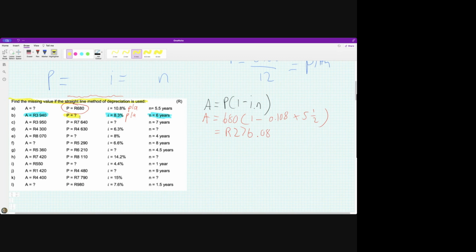What are we going to get? So we're still using straight line depreciation. So it's still going to be this formula. But there's some stuff which is different.